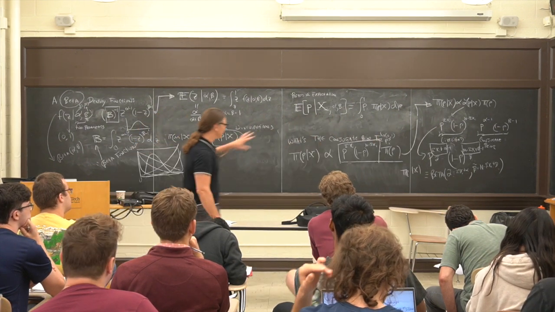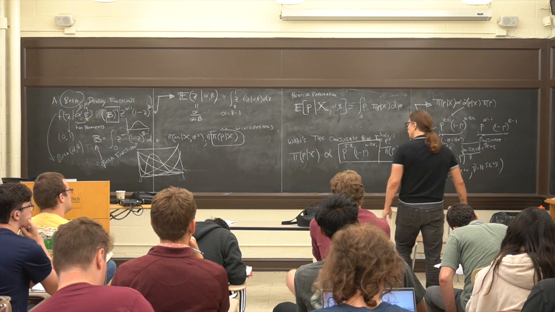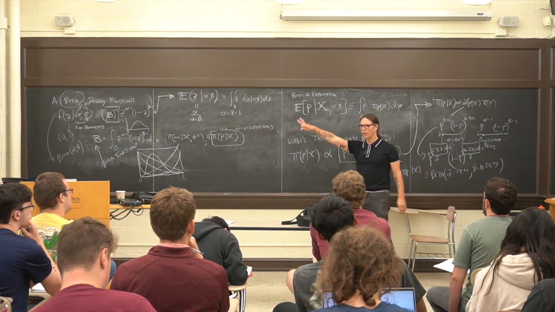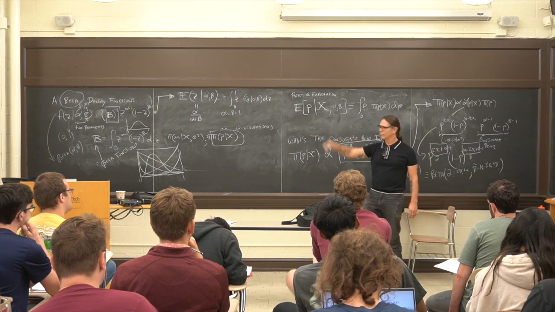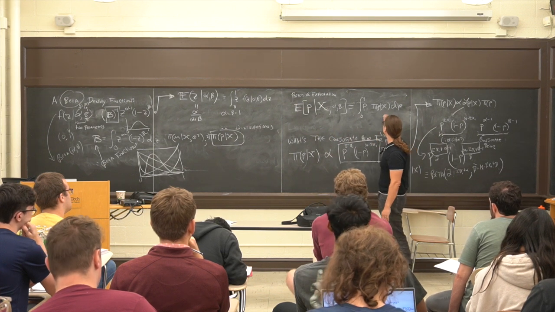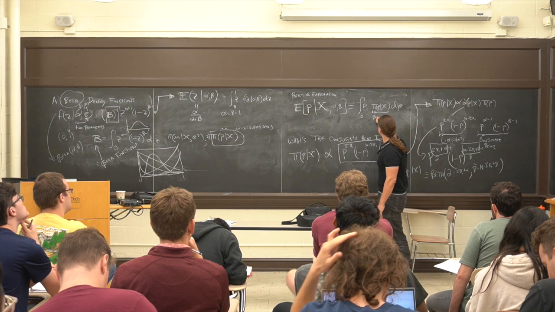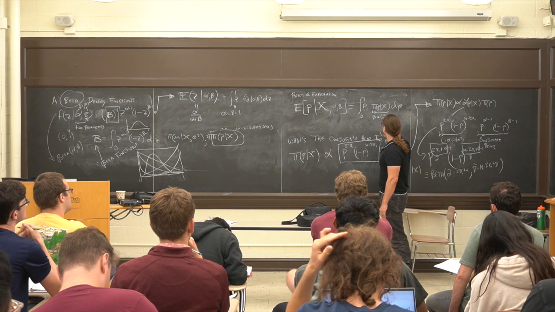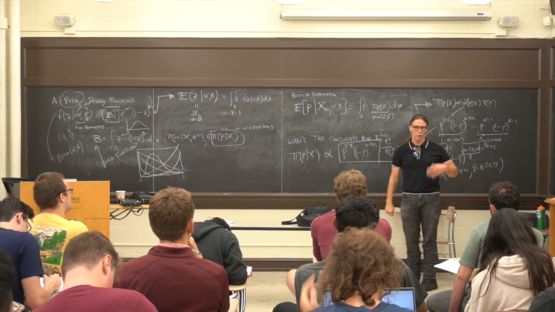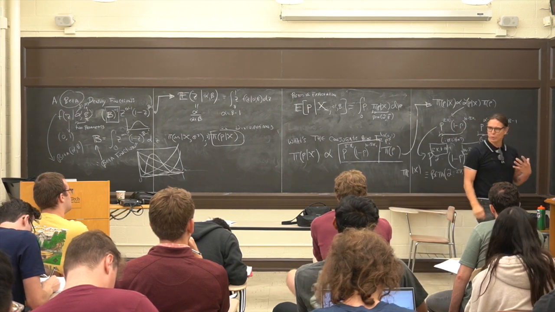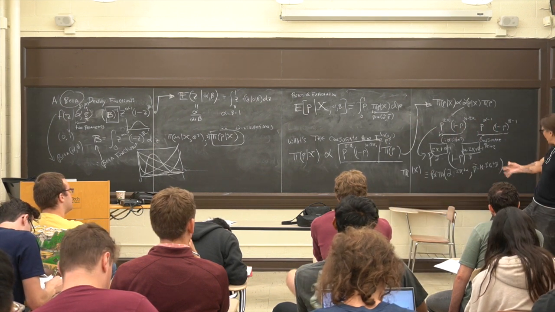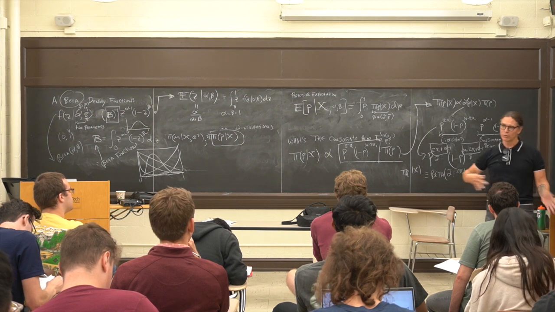So I could work out this integral, or I could just use what I know about everything. So I know what the answer to this is. This is a beta distribution with these two parameters, alpha tilde, beta tilde, that I just worked out. So again, I'm not really doing any math. It looks like I'm doing a bit of math, but I'm just pattern matching.